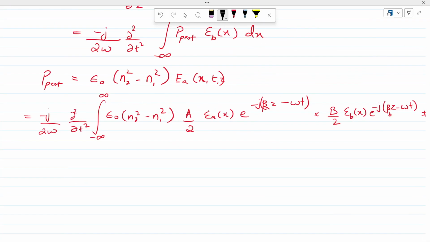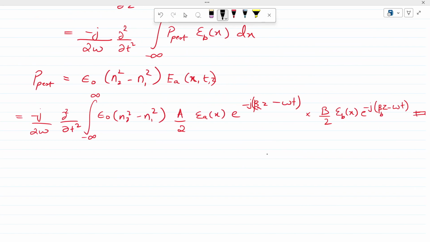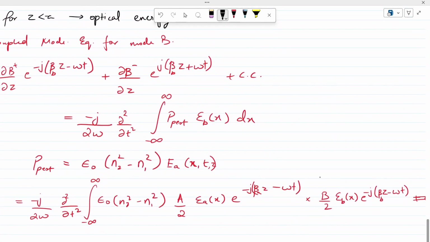Okay, so I actually made a mistake here. Wait a minute. This is supposed to be EB of x, that is just the mode profile of mode B. I wrote the entire mode equation, but we don't have to write the entire electric field equation. We just have to write the mode profile.